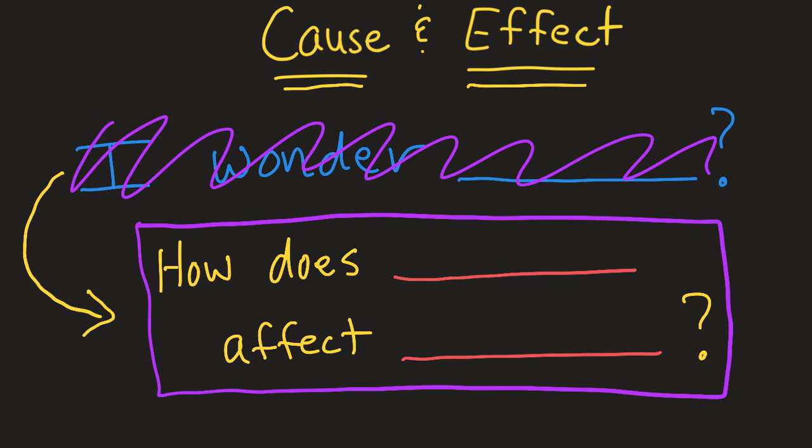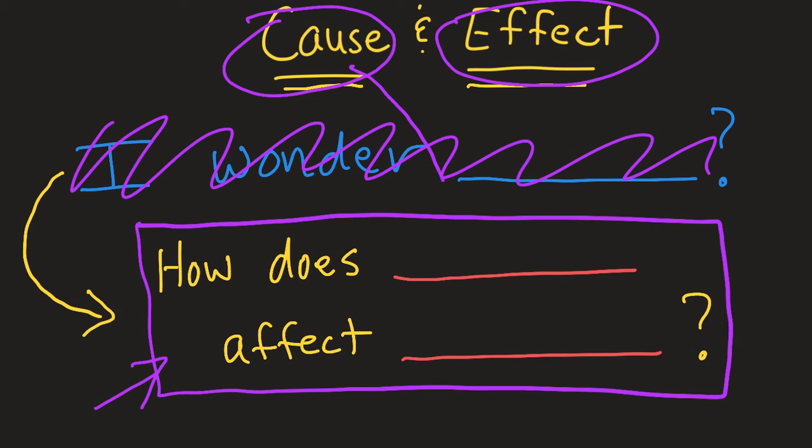It's not bad to wonder, but here's the benefit of writing a question like this. If I start asking how does something affect something else, then I have cause and effect already in my question. The cause is the first blank, and the effect is in the second blank. It's already there naturally.